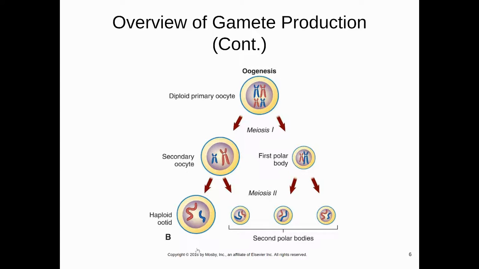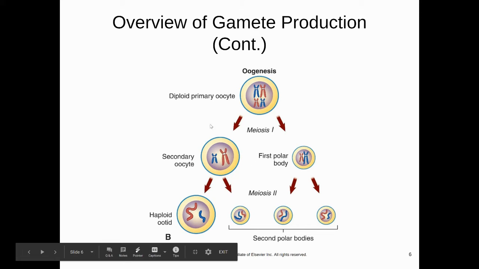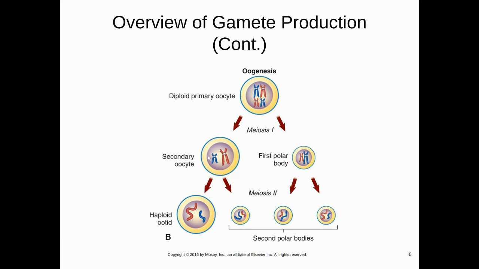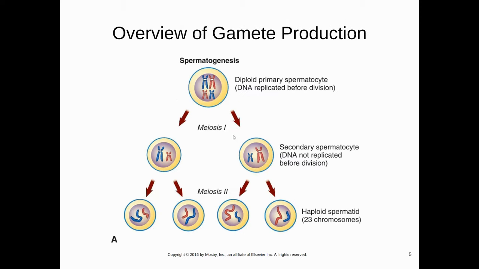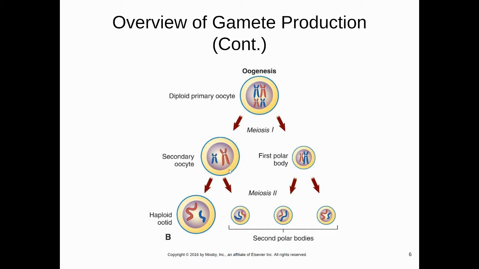However, when you're talking about oogenesis, it's a little bit different. Okay? Essentially what happens is that the secondary oocyte that occurs is going to be much bigger than the first polar body. So essentially, instead of having an even split like we had in the first portion of spermatogenesis, we're going to have more of an off-weighted split that occurs here.